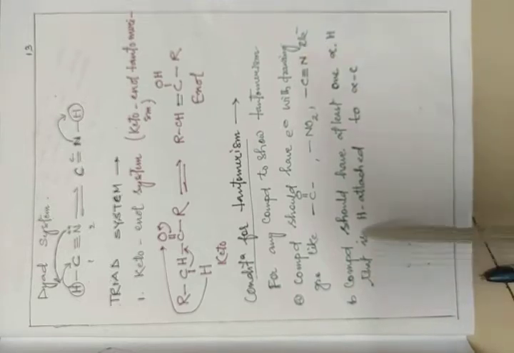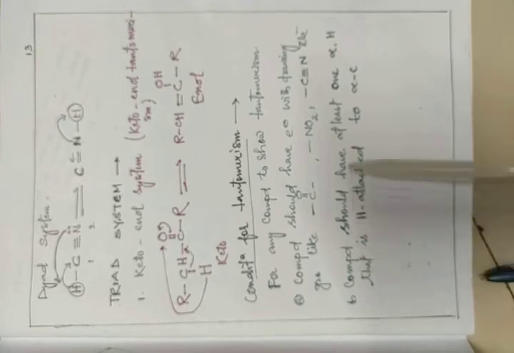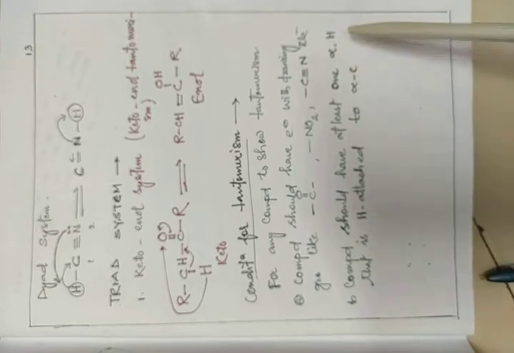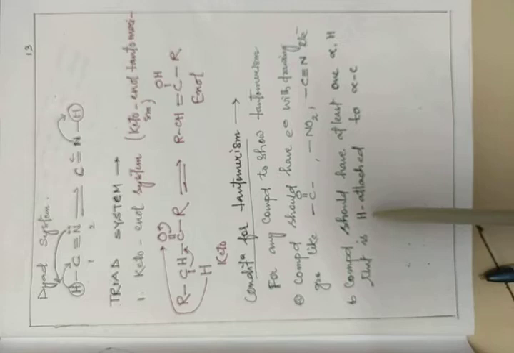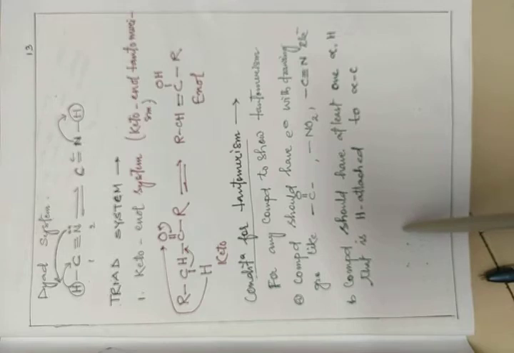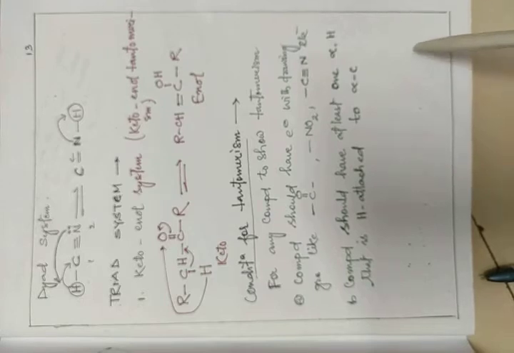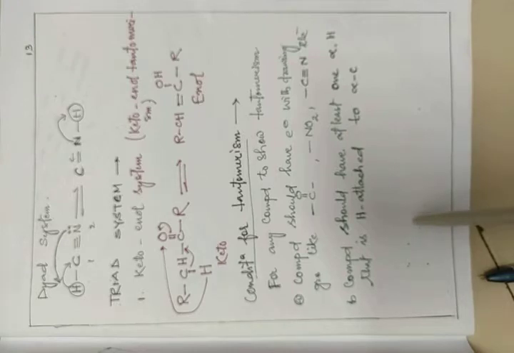Then the next condition, B, is carbon. The carbon compound should have at least one alpha hydrogen, a hydrogen attached to the alpha carbon. In the previous example, I already gave you the carbonyl compound, that ketone carbon. Nearest to the ketone carbonyl there are carbons: in the right side a methyl group, and in the left side one carbon.